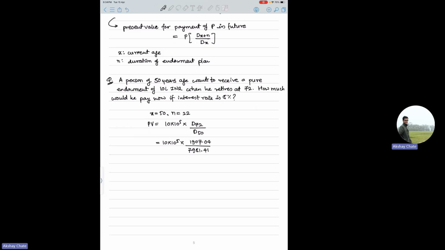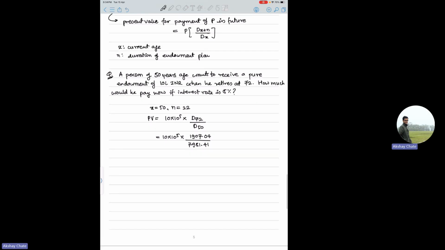Okay, so if you do this calculation, 1907.04 divided by 7981.41, that comes out to be 0.24, and if you multiply this by 10 lakh, you get this present value that you need to be paying as 2,38,935.2 INR.